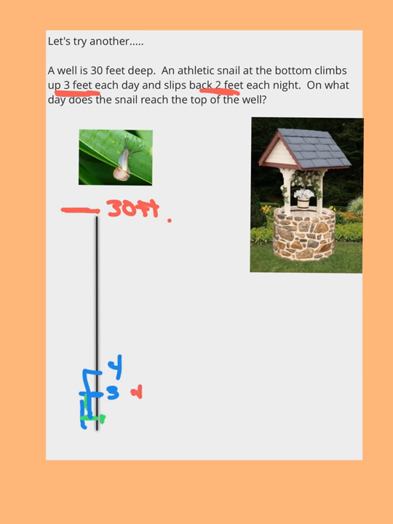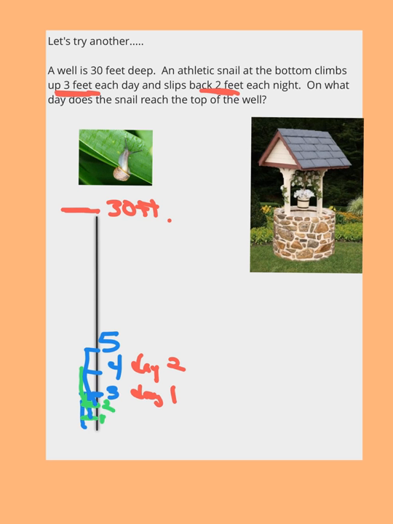So this here is going to be day 1, day 2. So then he's at 4 feet, and then overnight, he's going to slide back down 2 feet, putting him at the 2 foot mark. And the next day when he climbs up, he's going to be at 5 feet. So day 3. So at day 3, he's at the 5 foot mark.